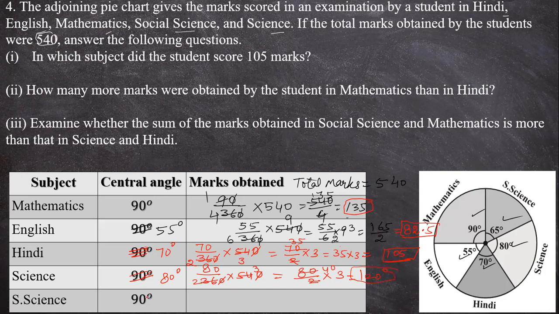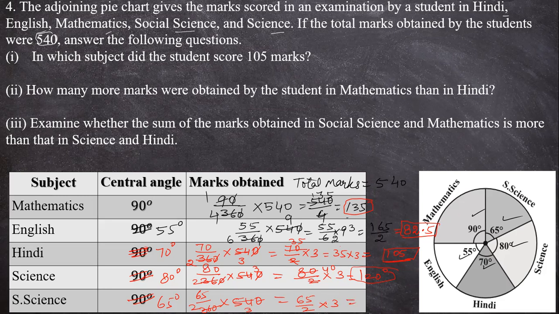Now social science, it is 65, again not 90. 65 degrees, and here total is 360 degrees into total marks 540. The same thing, 0 to 0 cancel out, 18 twos and 18 threes. So here you got 65 upon 2 into 3.